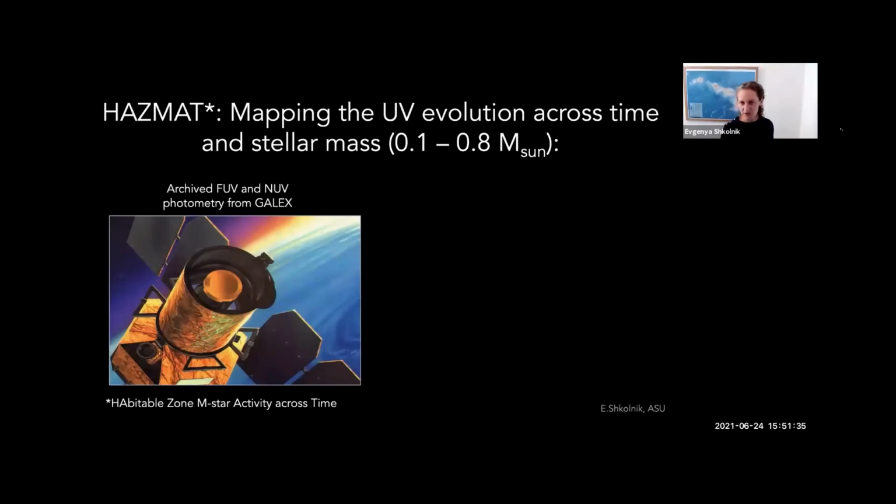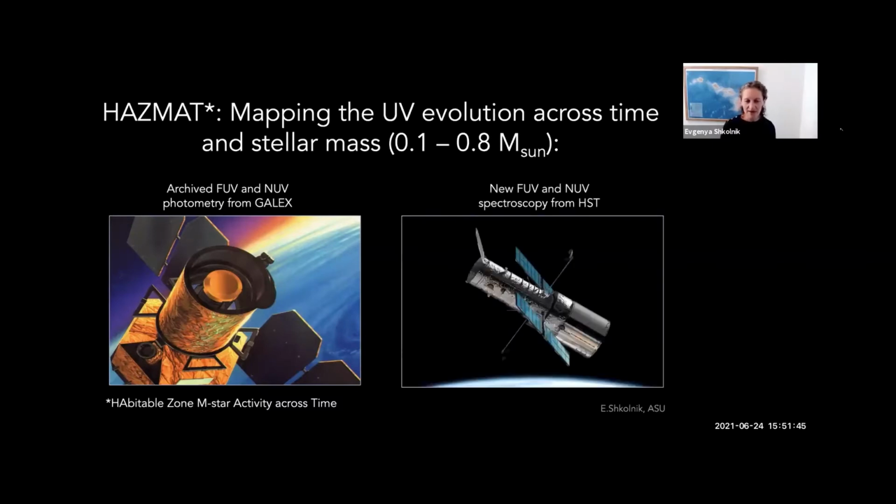It hasn't been functioning for a decade now, but it has left us with a lovely archive that mapped about three-quarters of the sky in the far UV and near UV photometrically. And we also have a couple of large programs from HST to do spectroscopy of young, intermediate, and old stars, in order to look at the evolution of both the line emission and the continuum emission of these stars.